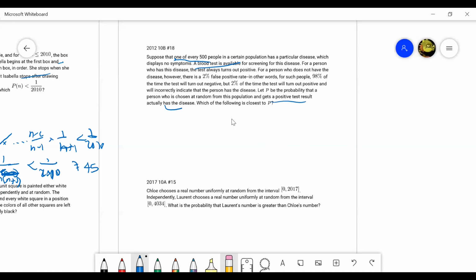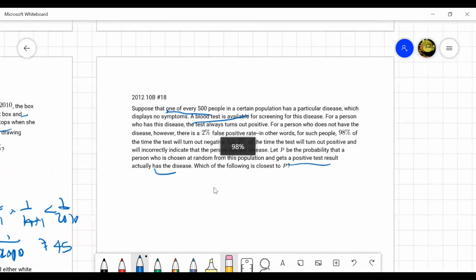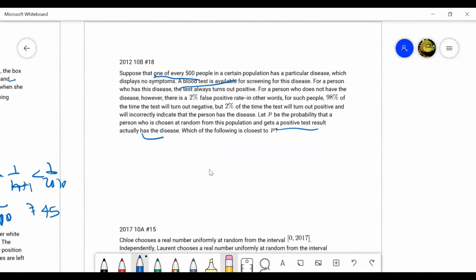As a conditional probability I went over, this is just going to be the probability that they do get a positive. Actually, for this one, it's easier to use actual numbers instead of probability. So just assume that there are 500 people in the population. This just makes the numbers easier.